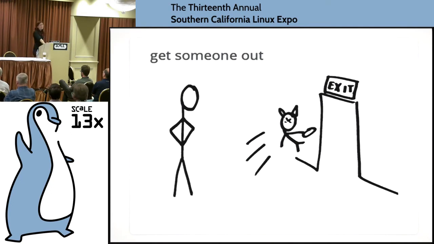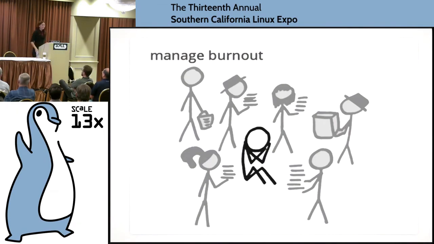So speaking of people getting out, one problem that can occur when you've been dealing with a bunch of this kind of thing is burnout. A few tips for managing burnout: it can happen when you think that everyone has a bunch of expectations of you, and you think, oh, I've got to do all of these things, and there's none of these that I can just set aside and take a break.